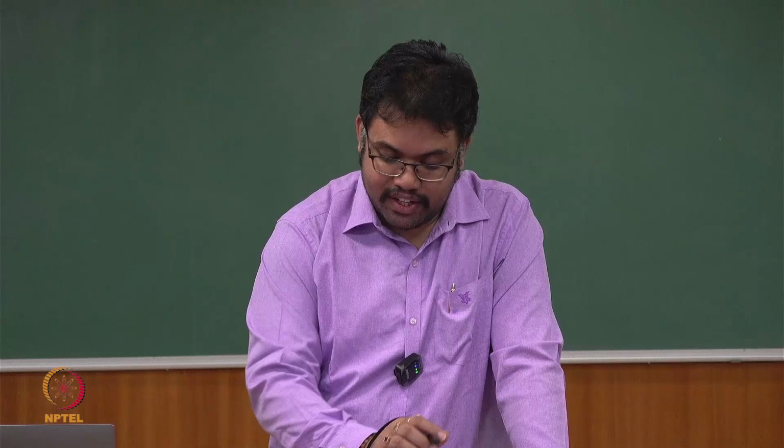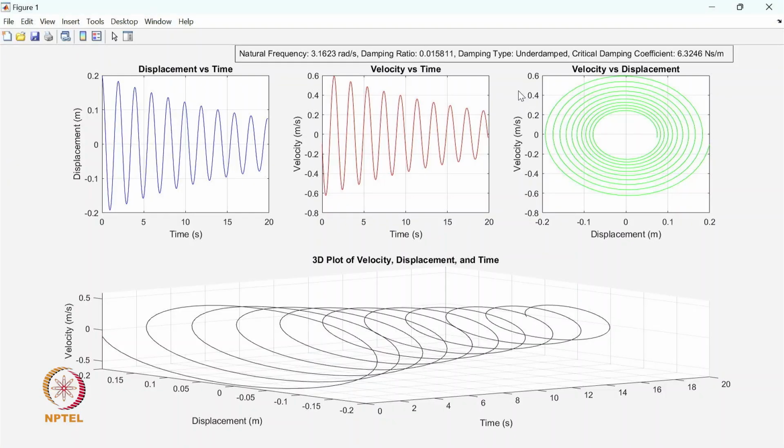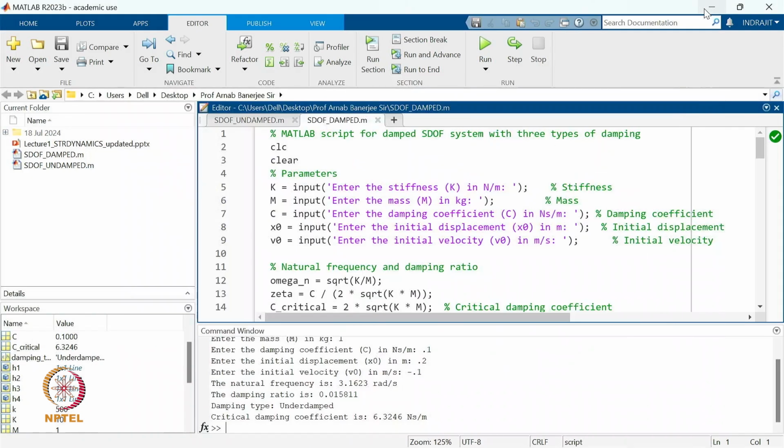So you can see this type of graph for the underdamped system. We can also quickly cross-check the values. Natural frequency is this much, critical damping ratio is 0.63, and we entered the damping 0.1.